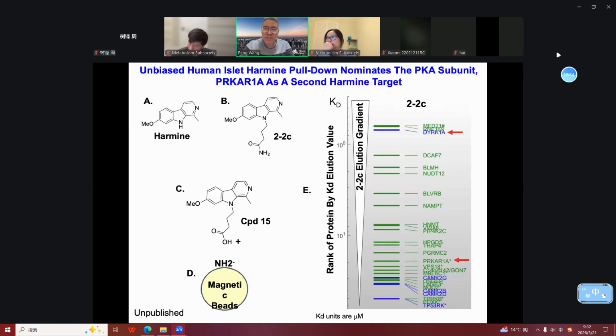Based on binding affinity, we can rank those candidates. So we identified about 25 new proteins. As you see here, DYRK1A was on the list, which validates this binding approach. It means this approach works well.